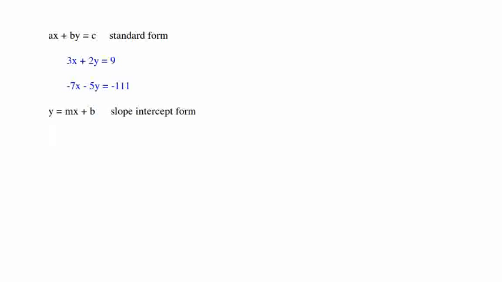All right, and some examples of linear equations in slope-intercept form include y equals 9x plus 10, y equals negative 4x minus 3. Okay, now it's just tradition why slope-intercept form uses the variables m and b. Okay, there's no more profound reason than that.